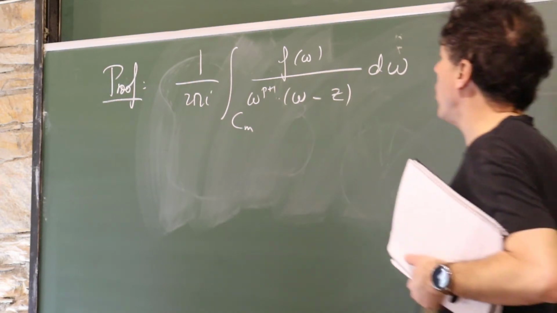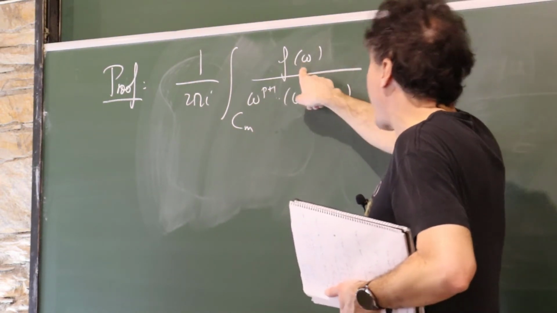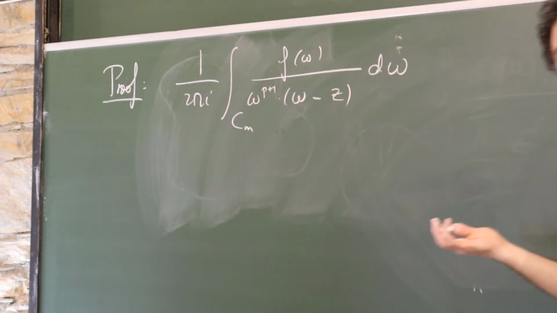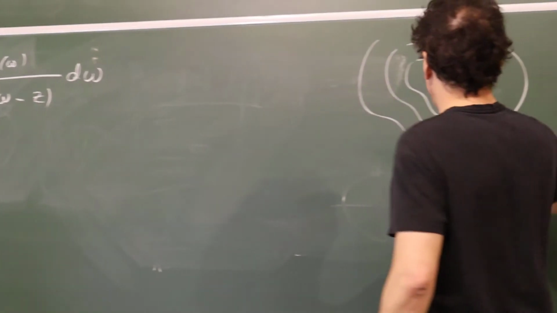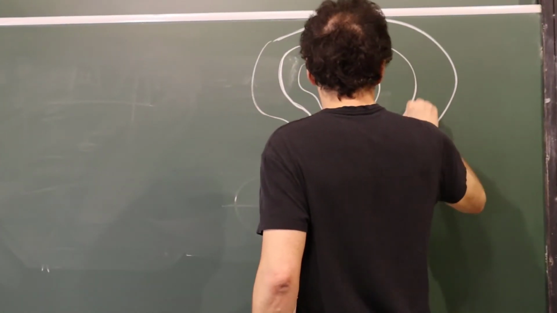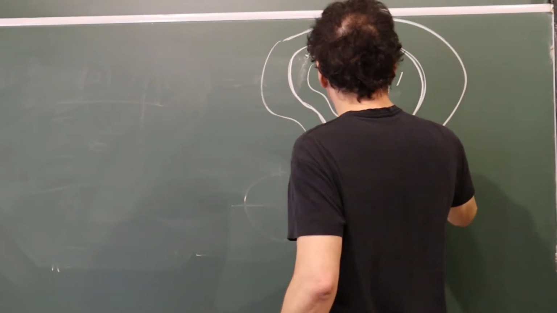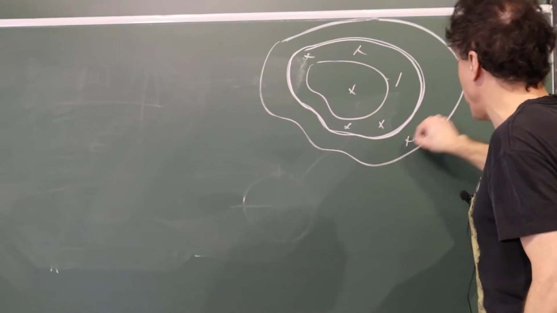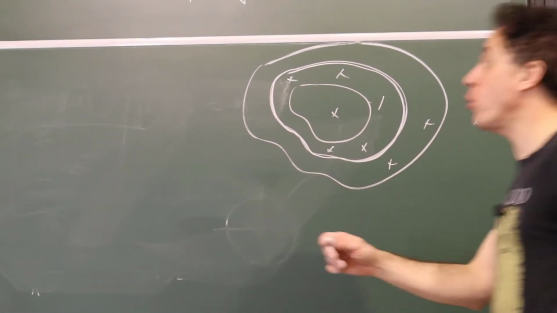It has poles at 0, at z, and at some of the poles of f. So you have a certain family of curves Cn. You have taken one of those curves, and some of the poles of f are inside this curve. Some other poles are outside. Doesn't matter. So you need to consider some of the poles of f.